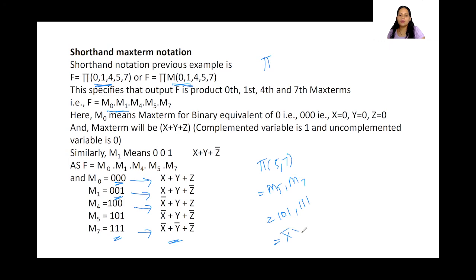This is going to be x bar plus y plus z bar, and x bar plus y bar plus z bar. Now this is the canonical product of sums form of the given expression or the given shorthand form. This is how we convert from a shorthand form to the expression, right? I hope this is clear to you all.